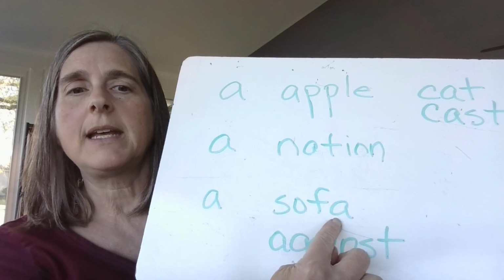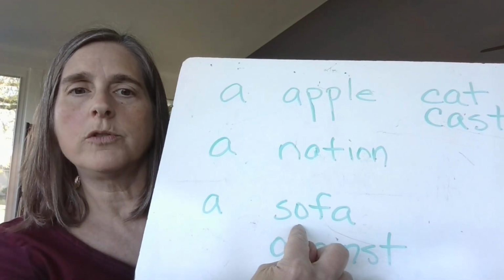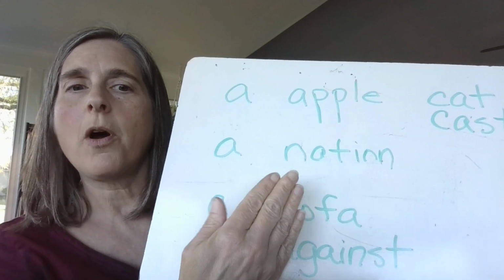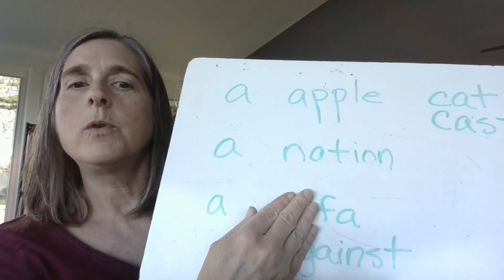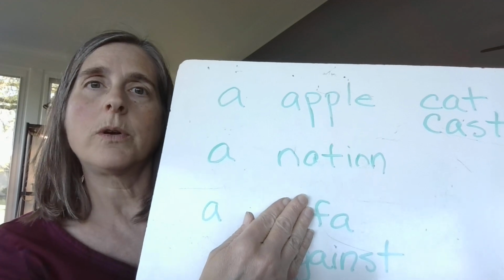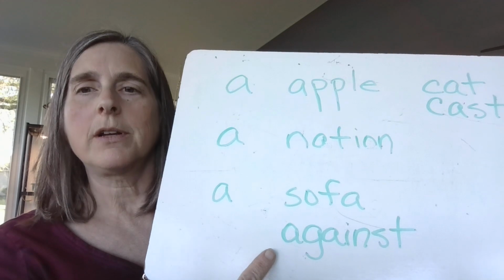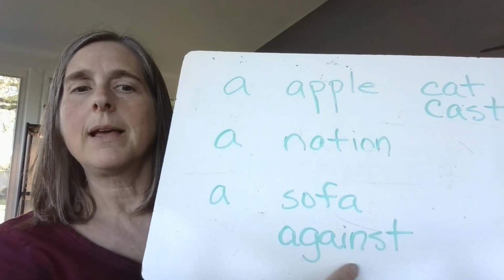You will often find it at the end of a word that has more than one syllable, like the word sofa. So it's part of this second syllable, which is an open syllable, but because that A is coming at the end, it's going to be schwa and it's going to sound like uh.